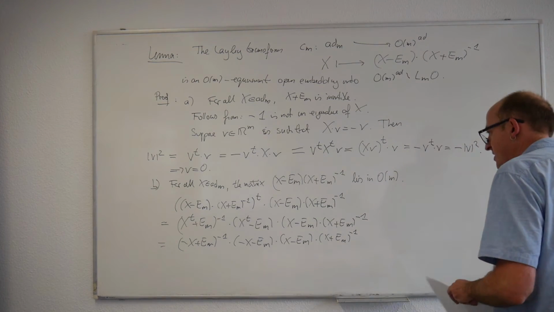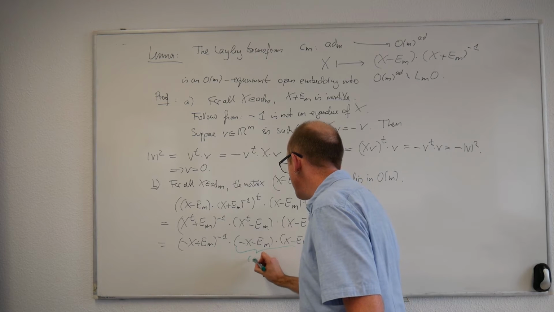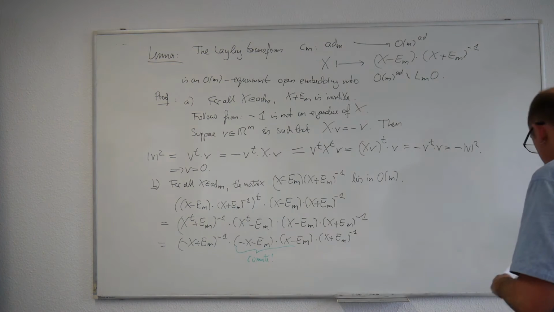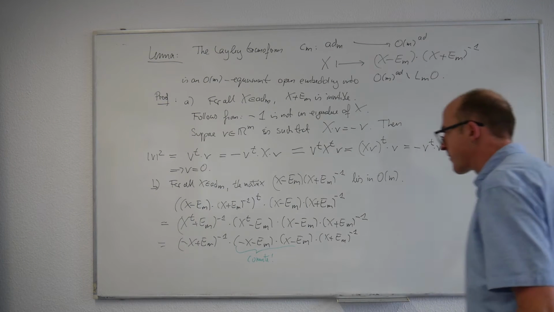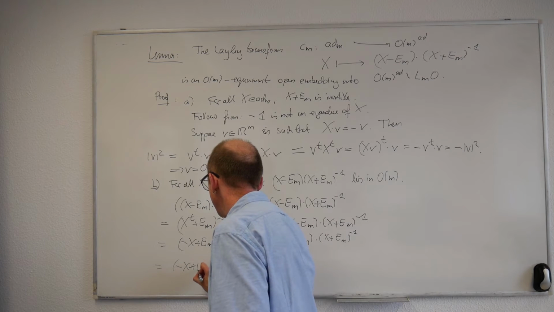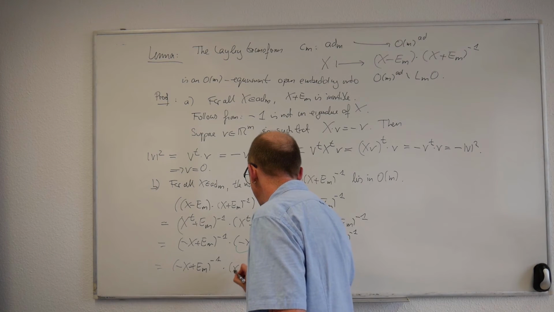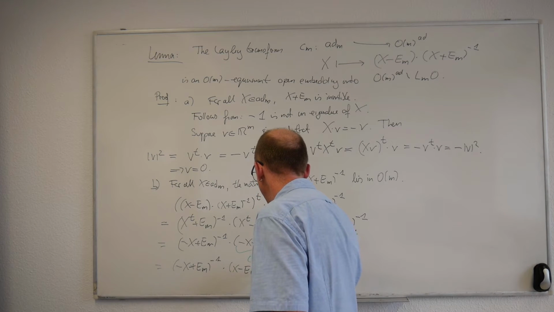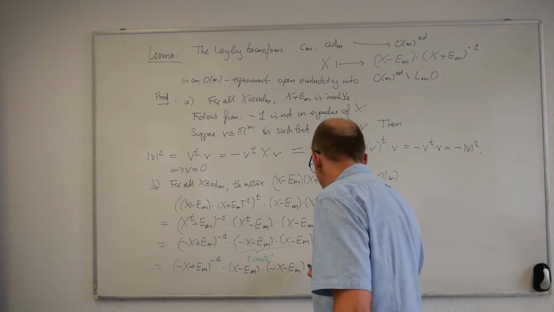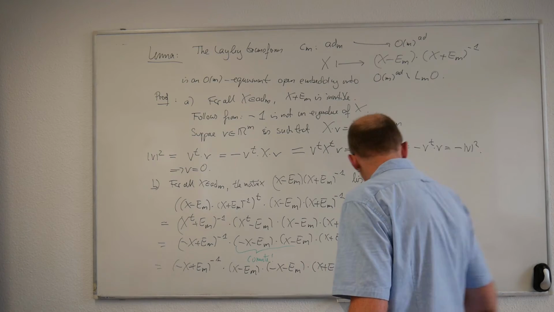The next observation is that these two matrices, while they are different, these two matrices commute. So I can interchange the order in which I'm doing this. Let's do this. So this is minus x plus e_m inverse times x minus e_m times minus x minus e_m times x plus e_m to the minus 1.